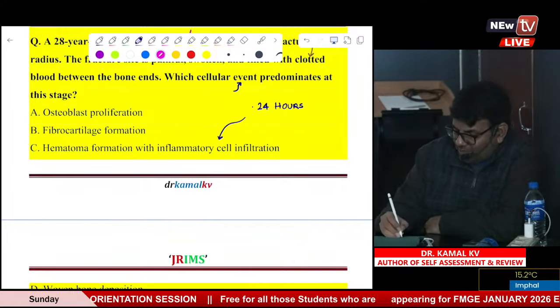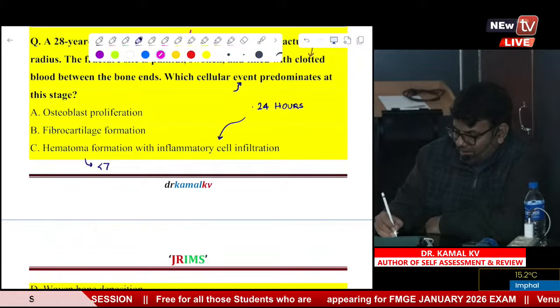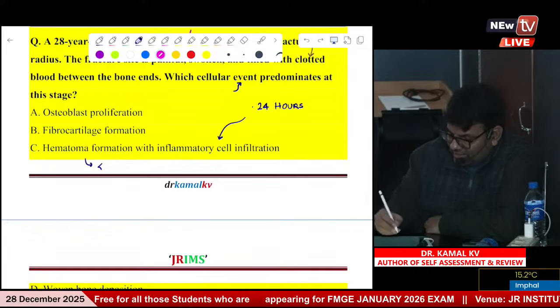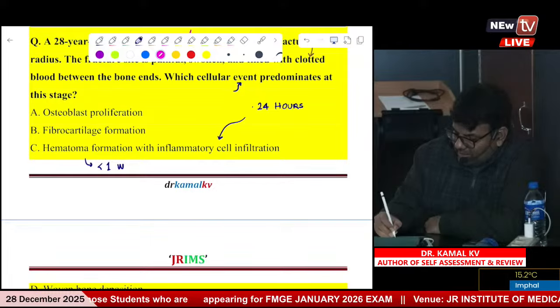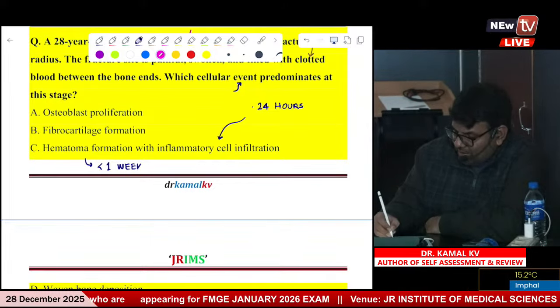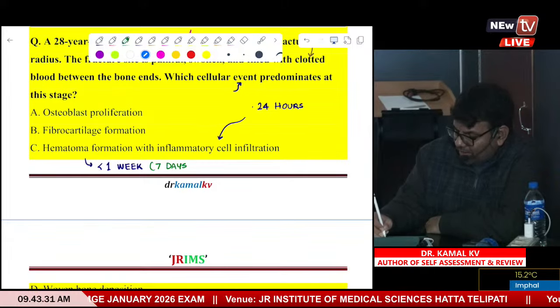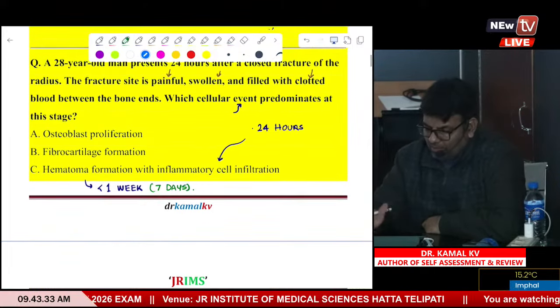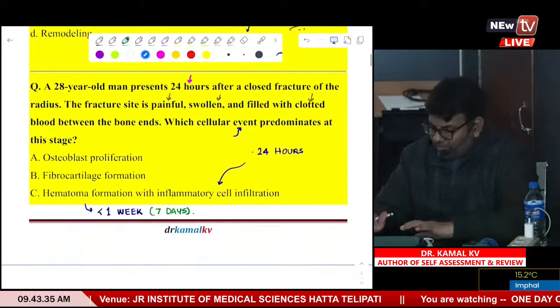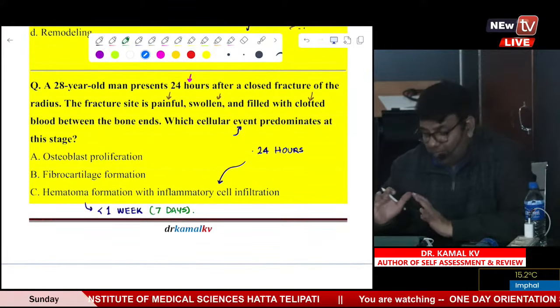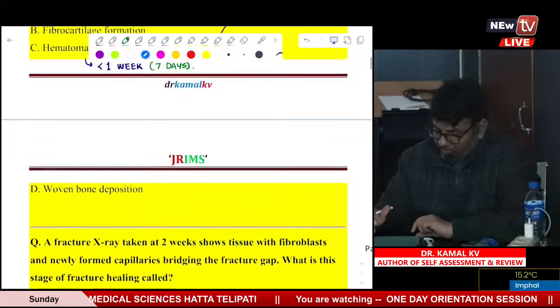Because we know that hematoma is less than 1 week or 7 days. So this is how you need to just understand what actually is being given in the question.